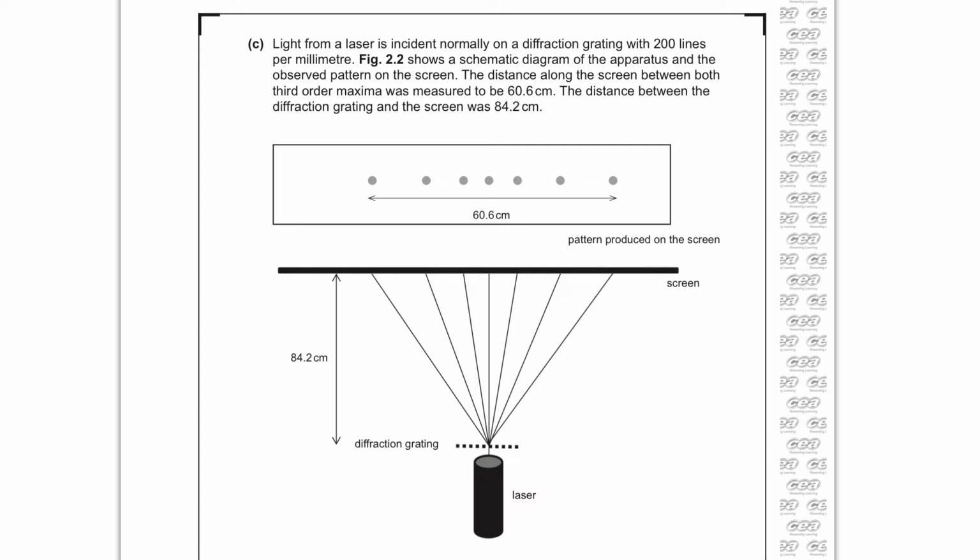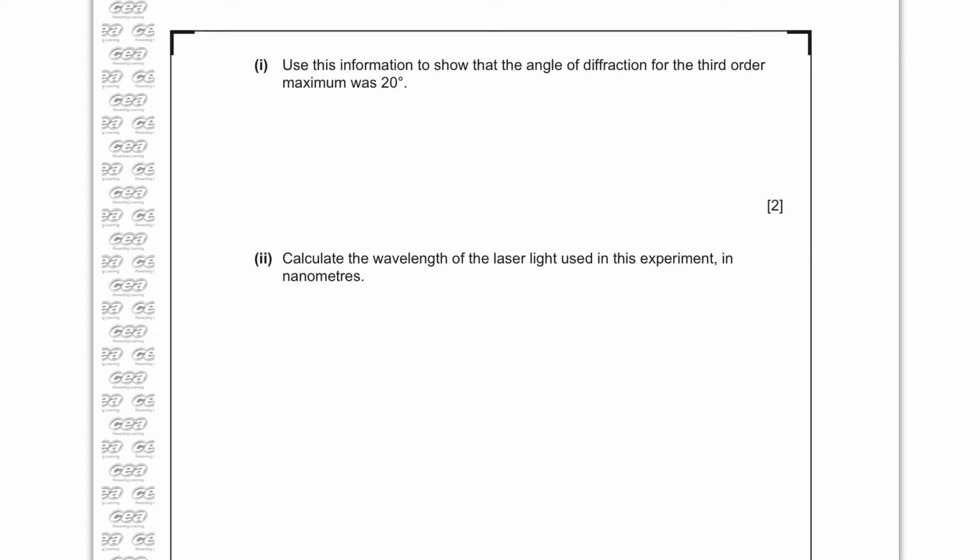The distance between the diffraction grating and the screen is 84.2 centimeters. So you can see the layout there with the dimensions marked on the picture. Use this information to show that the angle of diffraction for the third order maximum was 20 degrees.